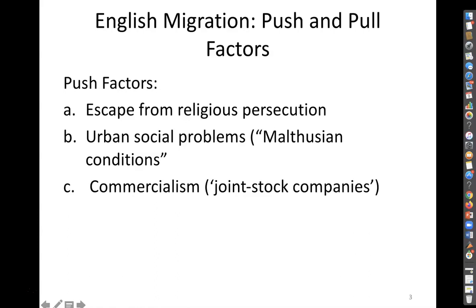Of course, between Catholics and Protestants, but even among Protestants themselves. For example, Anglicans are in conflict with Puritans in England. All right. And I should mention this right off the bat.